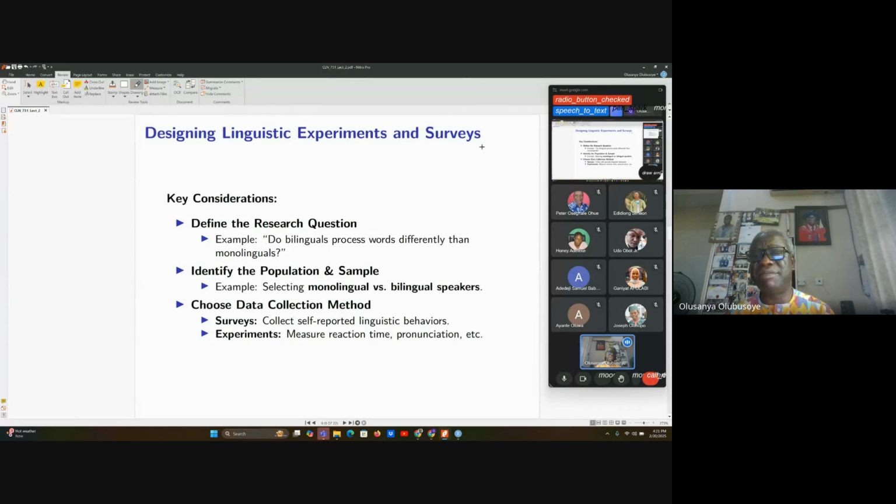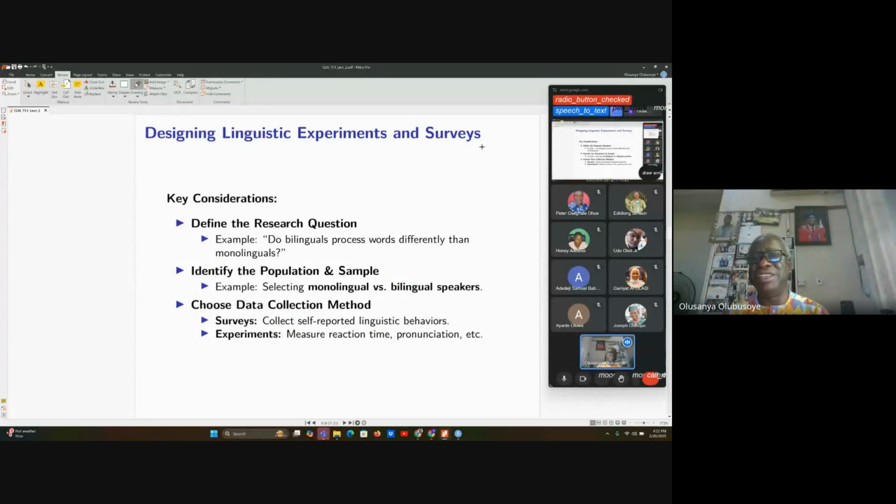But in an experiment, you control the experiment. You choose what you want them to do or what you want them to say. So the experimenter is in control.